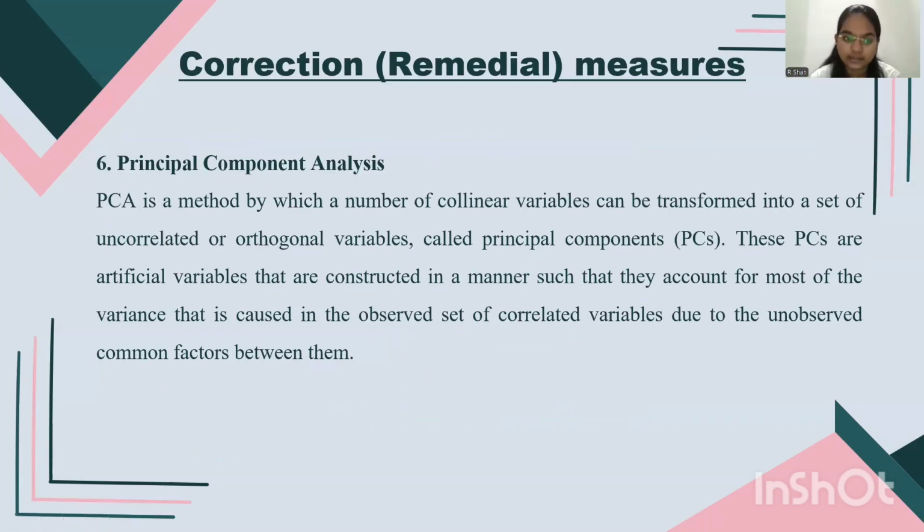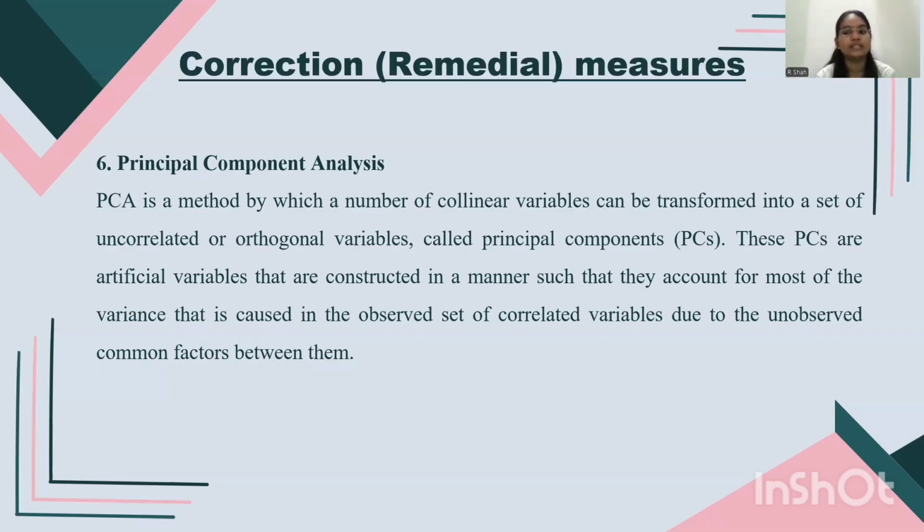Principal component analysis. PCA is a method by which a number of collinear variables can be transformed into a set of uncorrelated or orthogonal variables called the principal components. So this is a method where collinear variables are transformed, and the results are called principal components.